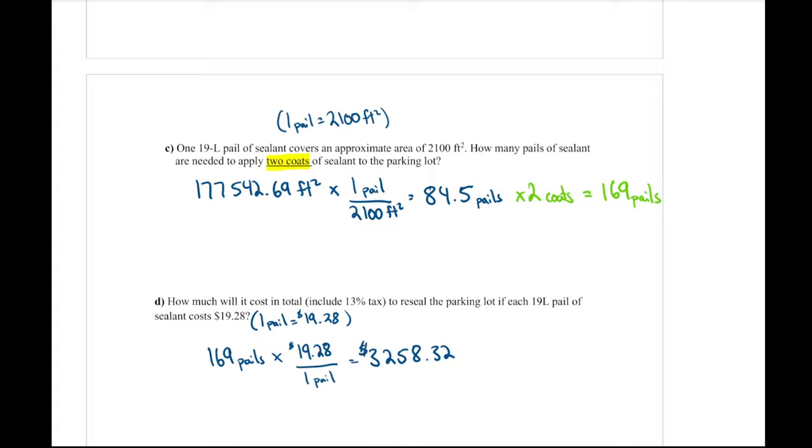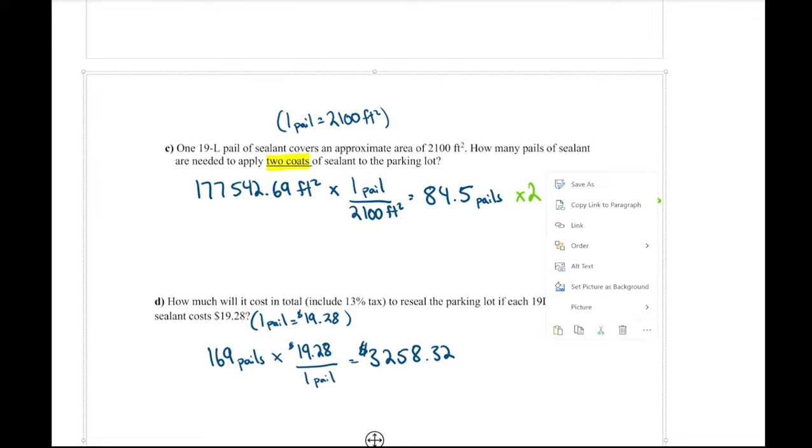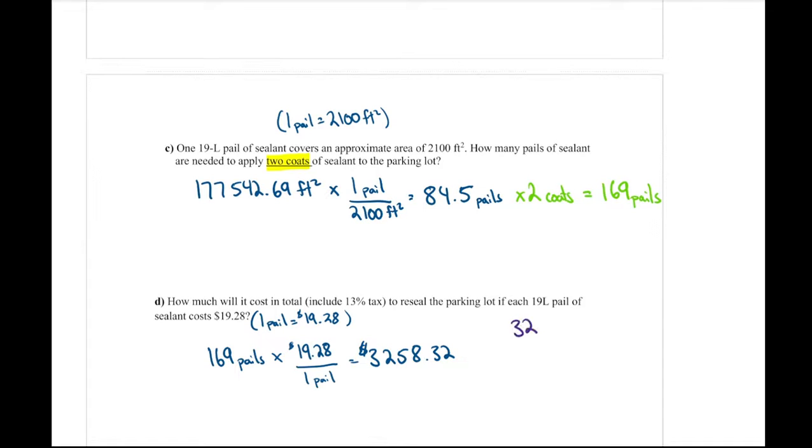$3,258.32. Now this doesn't include tax. I do need to figure out the tax on top of that. So I need to figure out 13% of 3,258.32. If I want to figure out the tax, I'm going to multiply that by the decimal. The decimal version of 13% is 0.13.